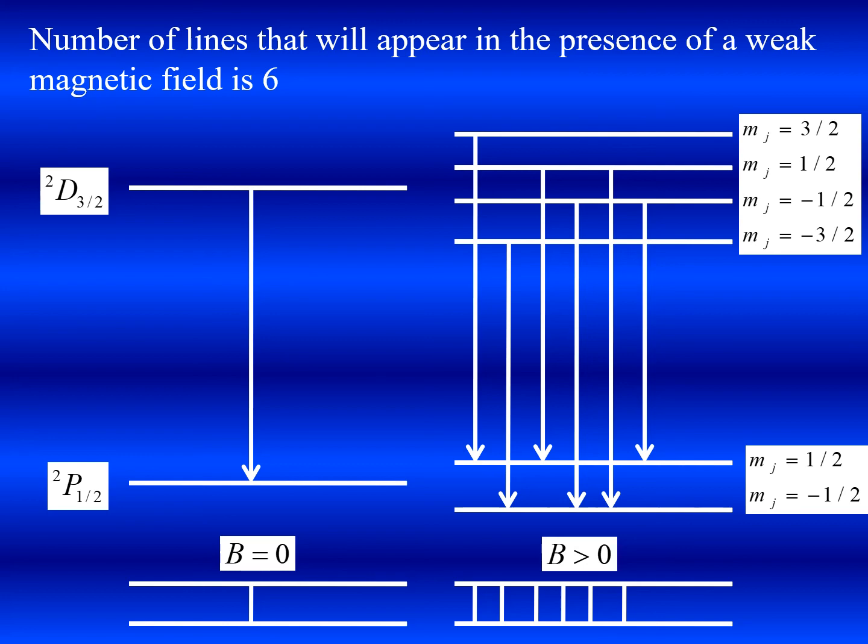The number of lines that will appear in the presence of a weak magnetic field is 6 in this case.